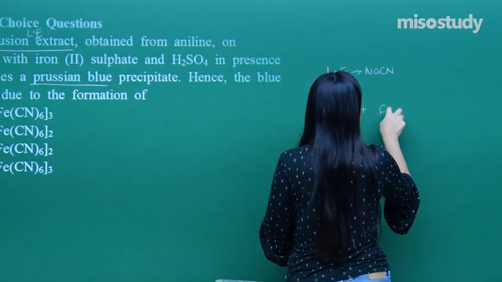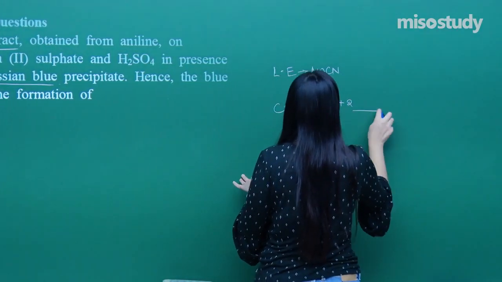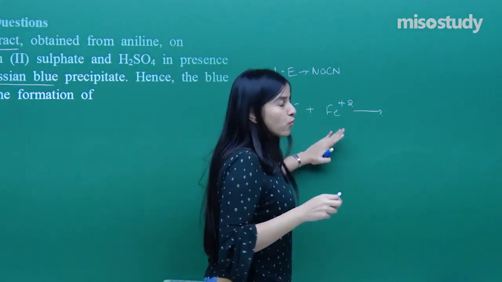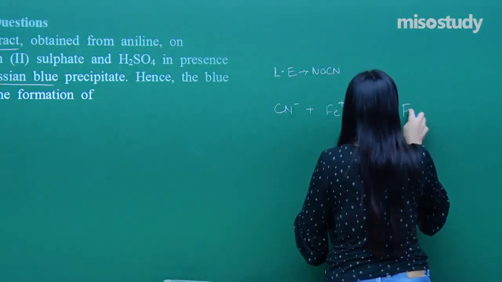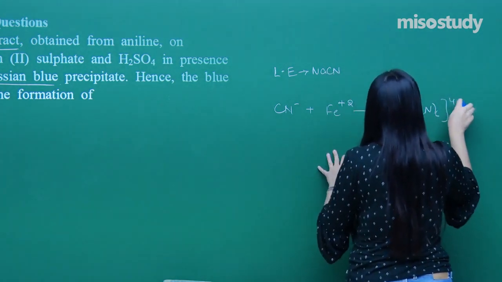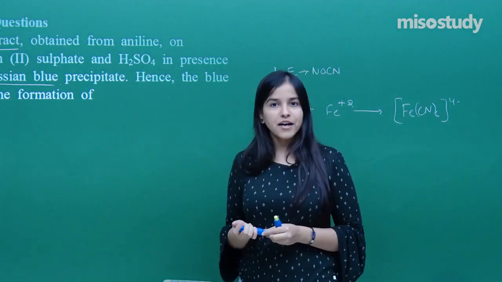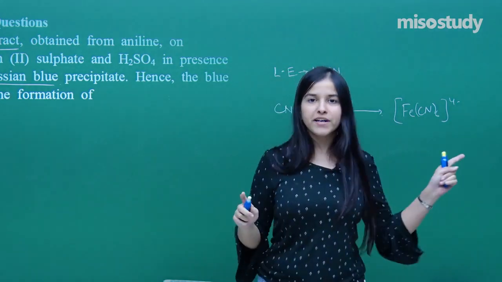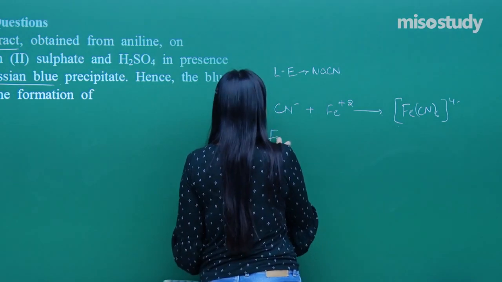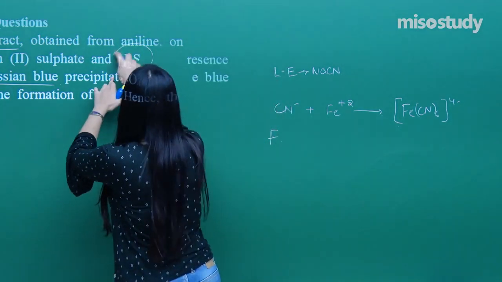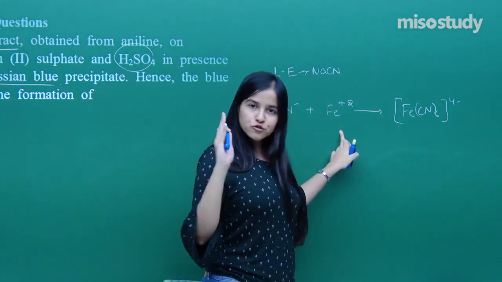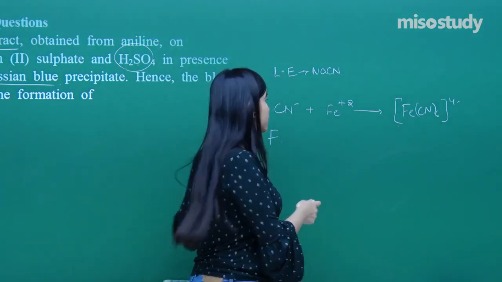It reacts with Fe2+ ions, which come from the ferrous sulfate, and what we get is hexacyanoferrate. We are not complete yet. Next, due to the presence of sulfuric acid, it converts most of the Fe2+ ions into Fe3+. Those also react with the compound which is formed.